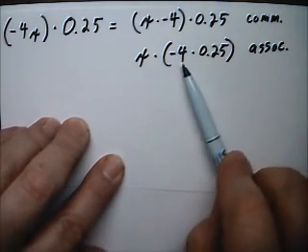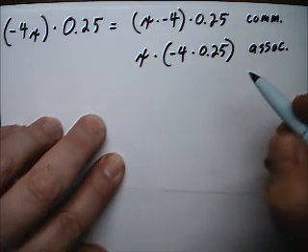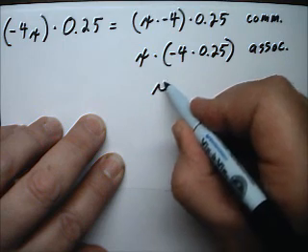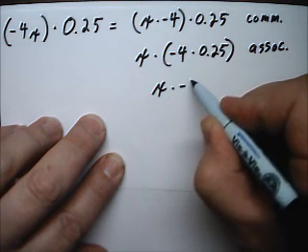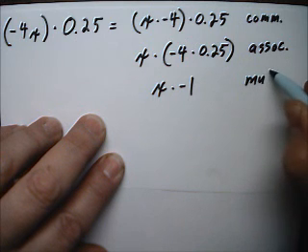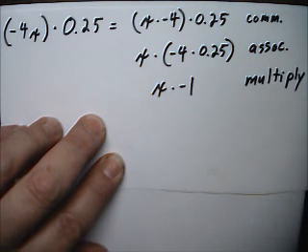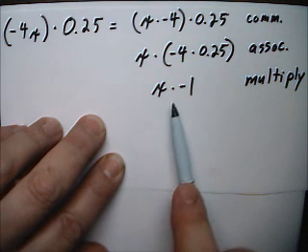Now I can multiply this. -4 times 0.25, that's -1. And all I did was multiply here. And now there is a property of -1.